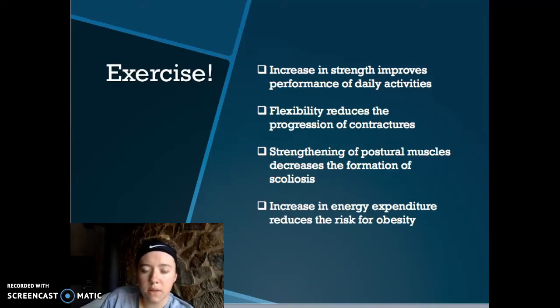So obesity is often a risk. If you don't decrease that caloric intake and you don't increase the energy expenditure, the result is often obesity. So making sure that these individuals with DMD exercise and keep active will balance that scale out.